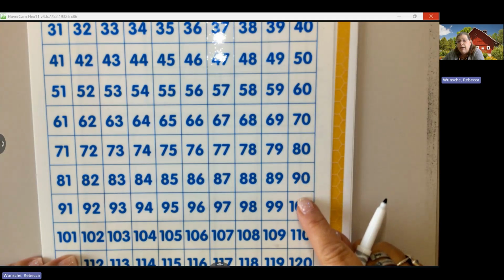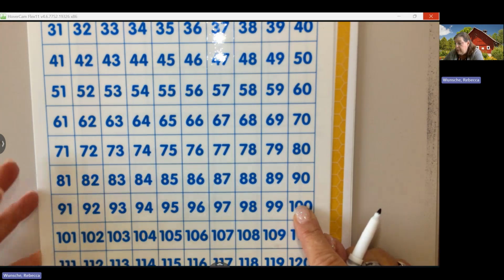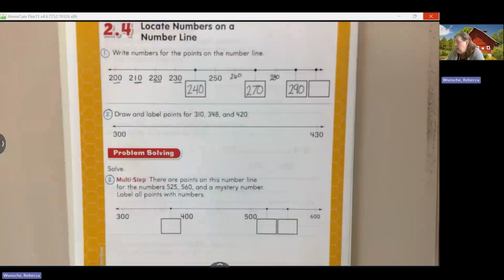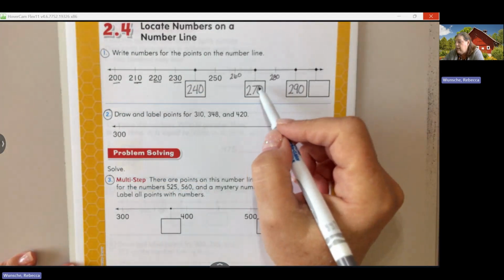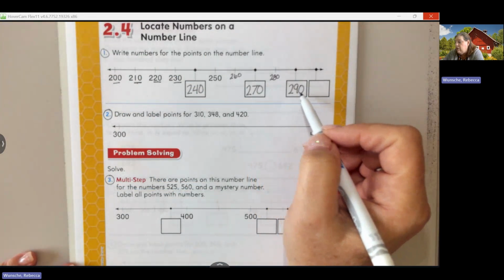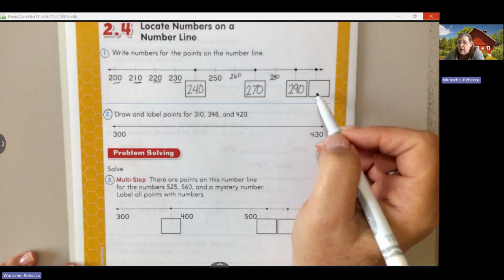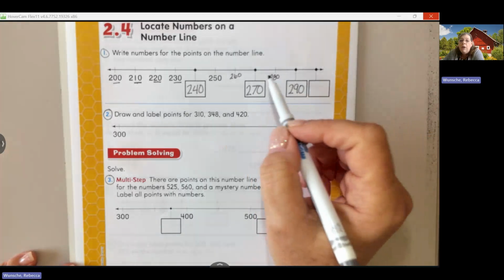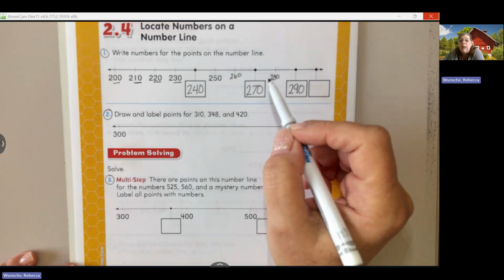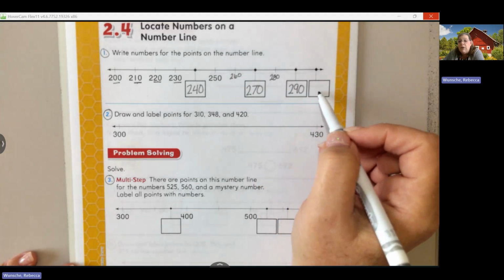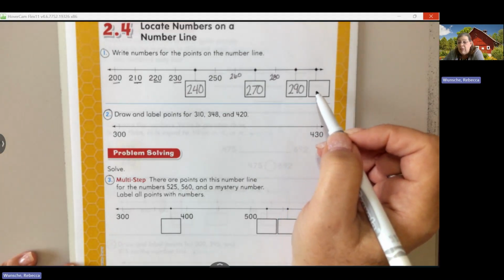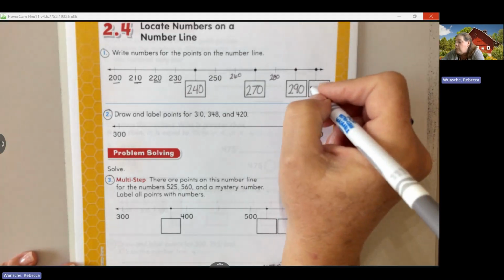So what's going to come after 90 is going to be 100. So let's go back and think about that with relation to our number chart. So are we going to have 270, 280, 290, 100? No, that's not how you count. What would be next? 270, 280, 290, then you would cross over to the next century mark, which would be 300.